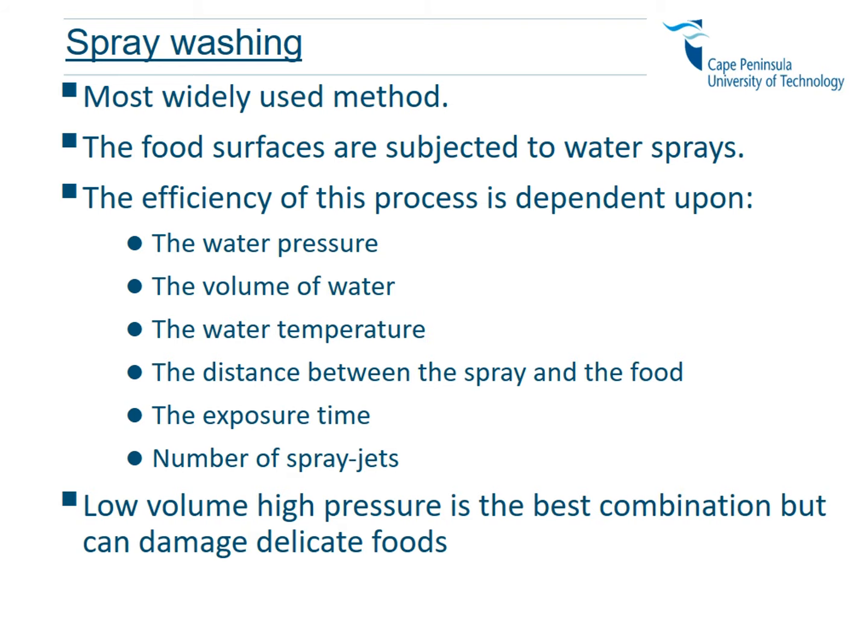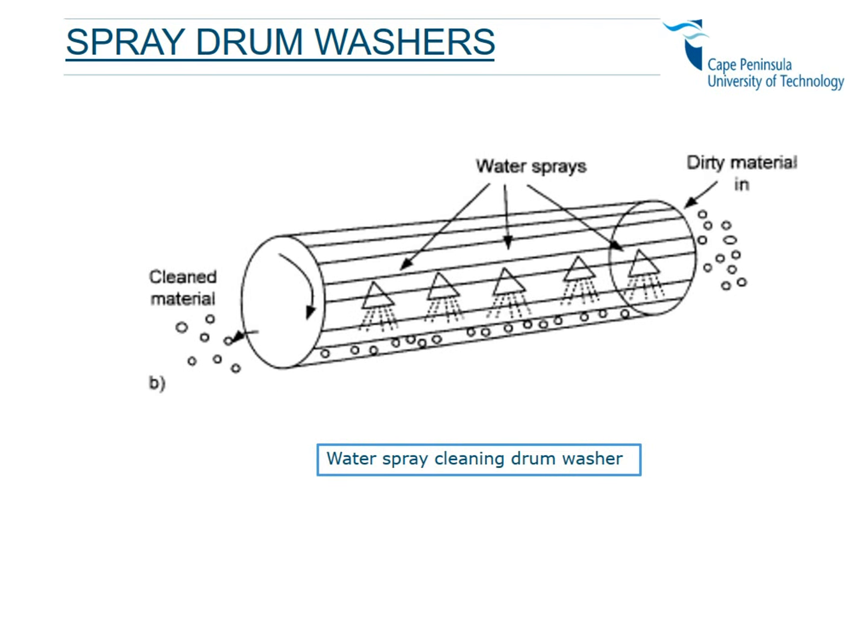So let us look at the spray drum washers. These spray drum washers consist of what we call an inclined rotating drum, which is constructed with metal slats with centrally located water jets. As you can see here in the middle, you've got these water jets.